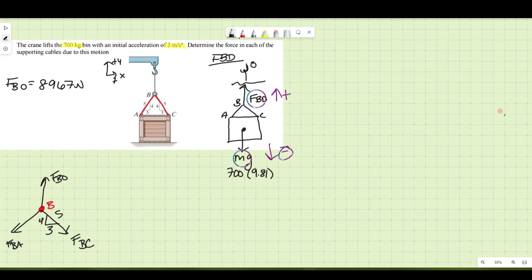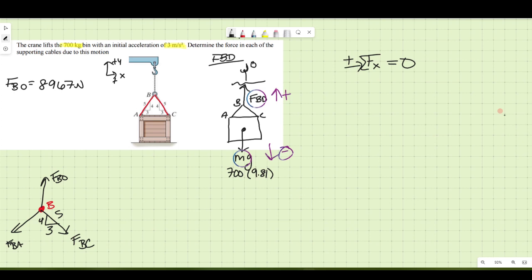Once we do that, we go back over to the right hand side and do a summation of forces in the x direction. Since it's a particle equilibrium problem, that takes us back to statics, which means it has to be in equilibrium, so the summation of the forces in the x will equal 0.